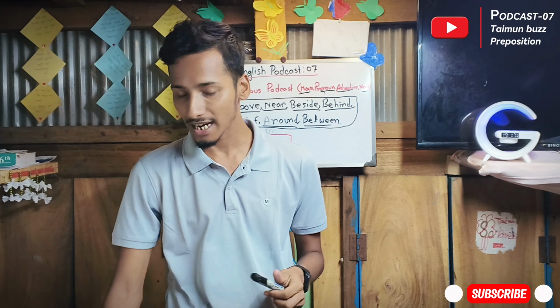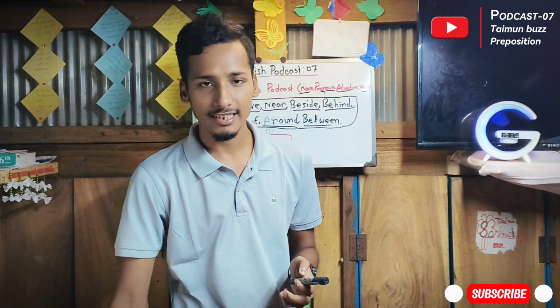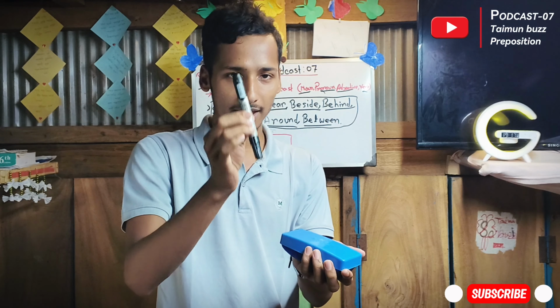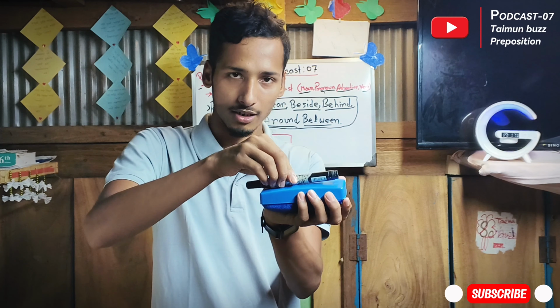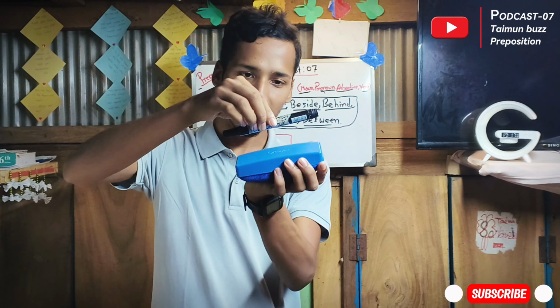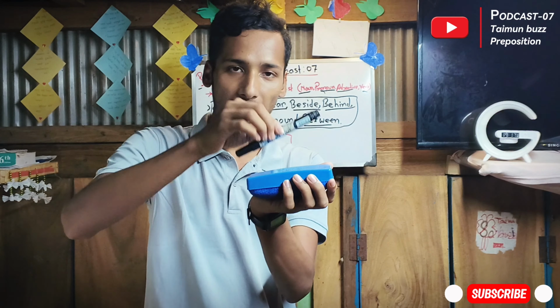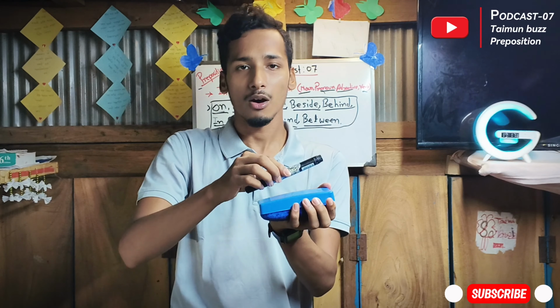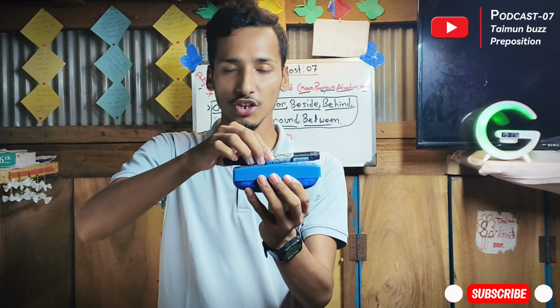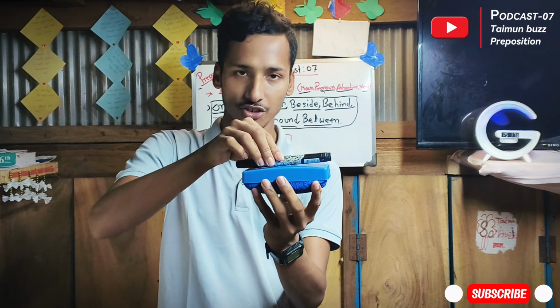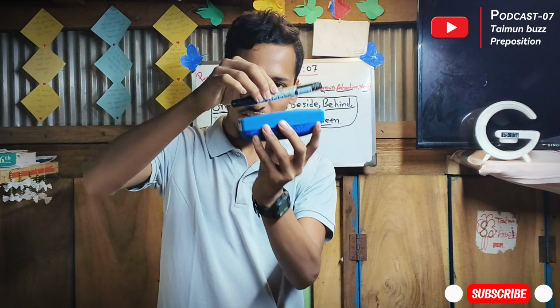If I give you a practical example, if I take this as a table, and now this is a pen, and I put the pen on the table, when it is touching, I should use the preposition on. So the pen is on the table, on the duster. When it is touchable.